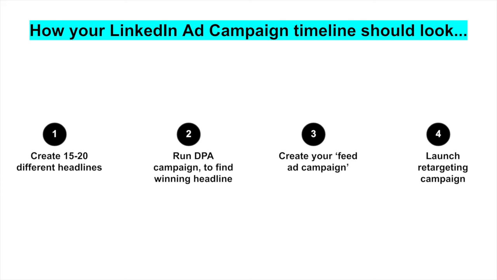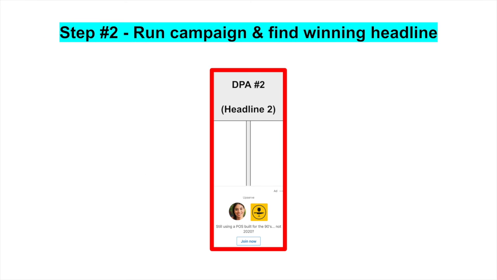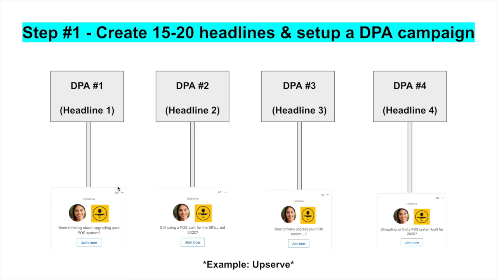Whether it's with your marketing team or your marketing manager, you sit there and create 20, 30 different headlines. Once you've got those headlines, you go to LinkedIn and start running this DPA campaign, testing lots of different headlines for a few weeks using those dynamic personalized ads, the ones you're seeing here.